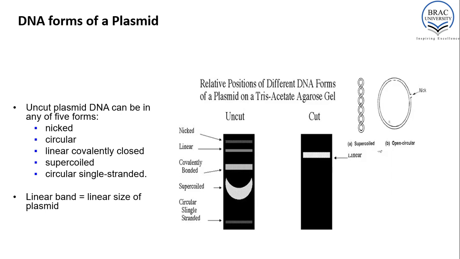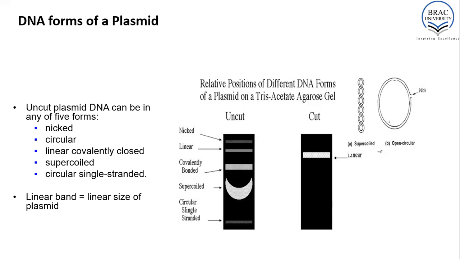Again, the plasmid has been extracted using an alkaline lysis process. Normally, as we have seen, the bases of the double-stranded DNA are held together by hydrogen bonds. During alkaline lysis conditions, those hydrogen bonds are disrupted, and the DNA is denatured into single strands.